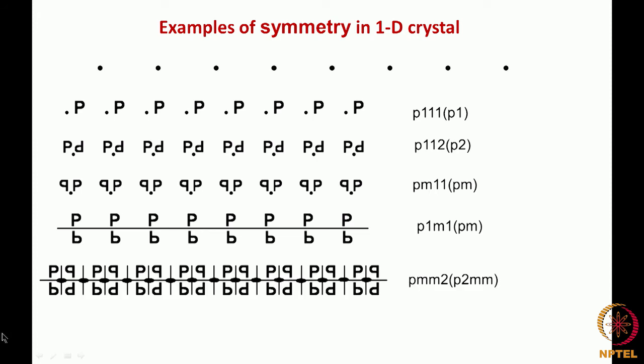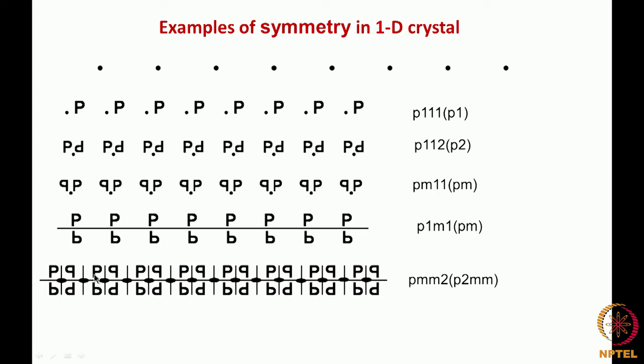Now, if you look at it here, this motif which we have taken, along the lattice direction we have put a mirror, and then when we have created, now we can see that we have 2 mirror planes perpendicular to each other, and then along the z direction a 2-fold rotation is also present, correct.